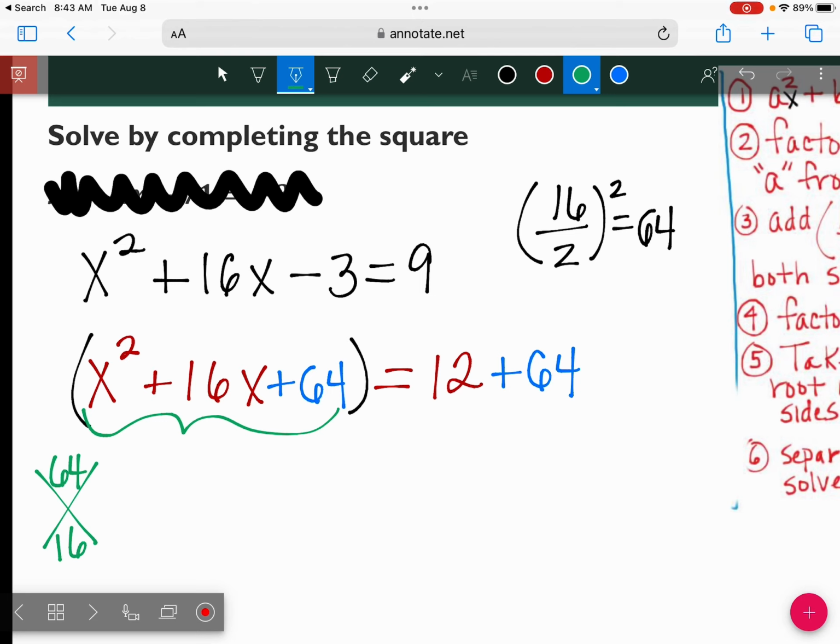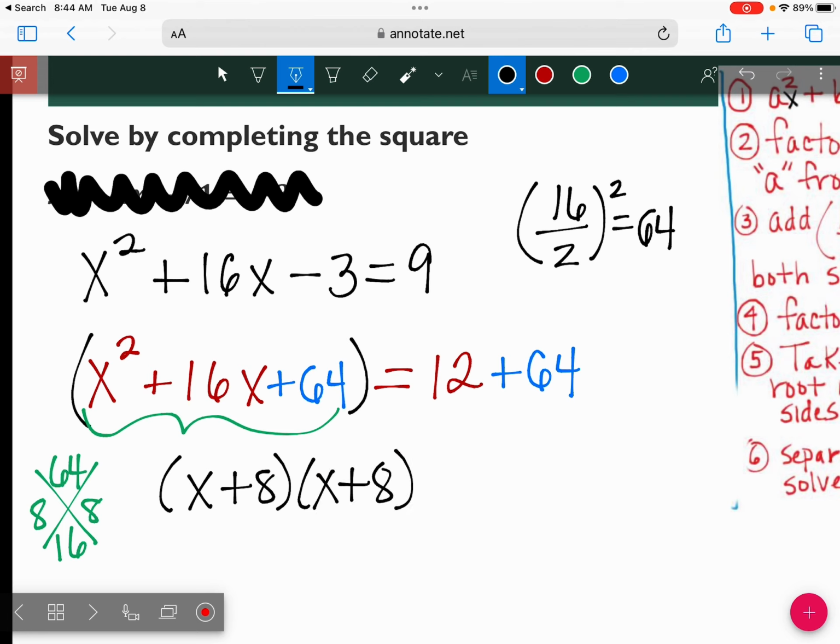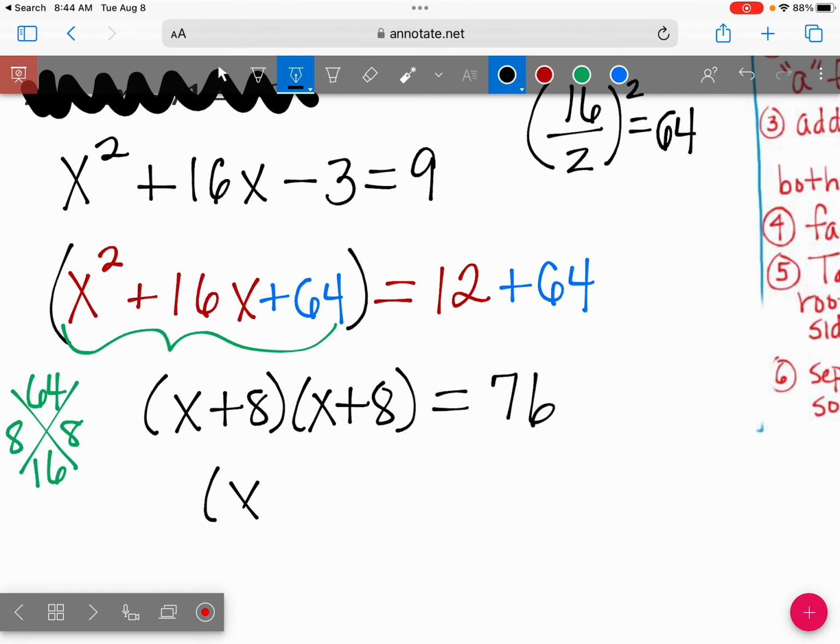It's always going to be the same number, and in this example, it would be 8 times 8. Do you agree that 8 times 8 is 64? Yes. And 8 plus 8 is 16? Yes. Okay. So this is going to factor down to x plus 8 times x plus 8 is 76. But in math, we don't write things twice. Instead of saying x plus 8 times x plus 8, we write it as x plus 8 squared.